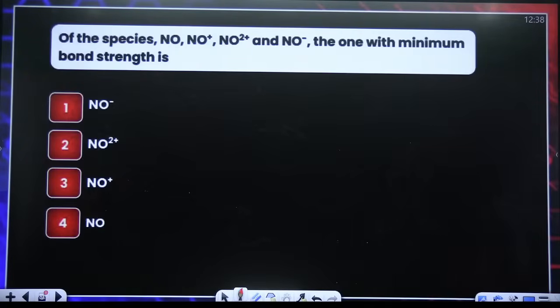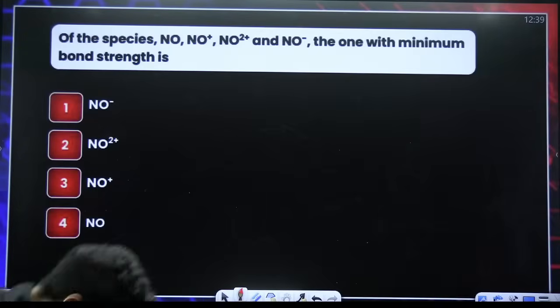Minimum bond strength means minimum bond order.